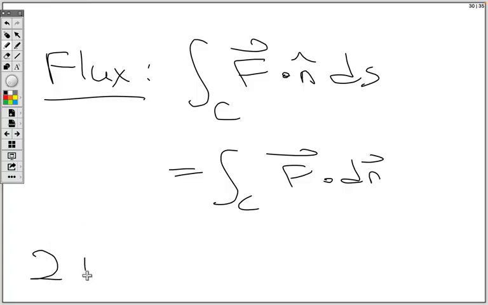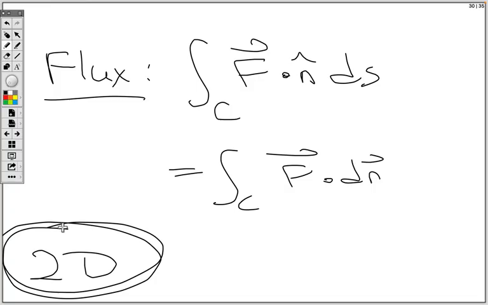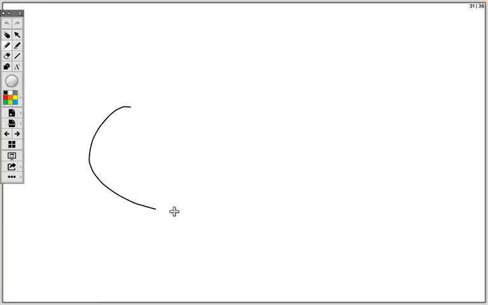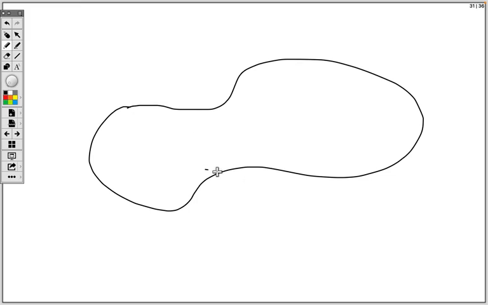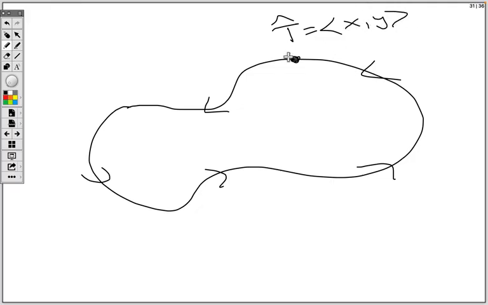Once again, we're looking at two-dimensional flux here. As Zoran mentioned, for three-dimensional flux, we need to talk about surfaces. But here's the idea. Let's say you've got your curve oriented counterclockwise, and your t hat is x comma y.